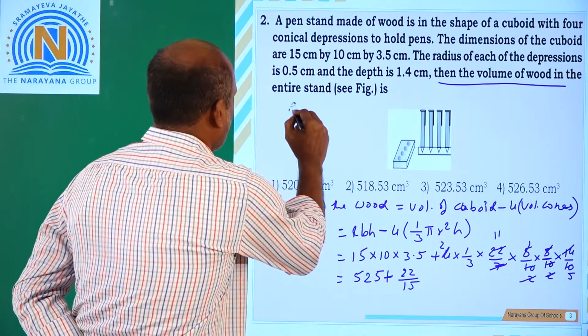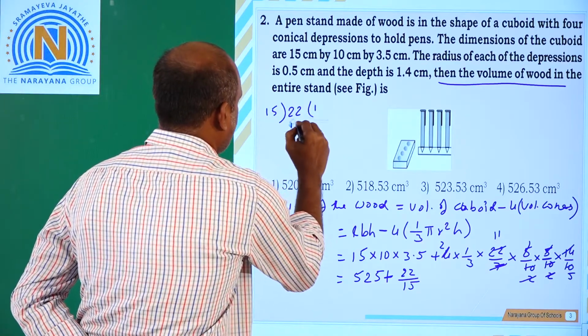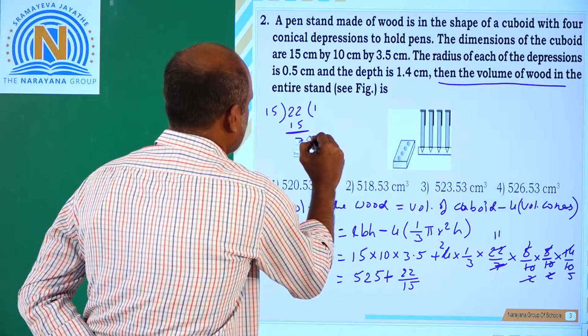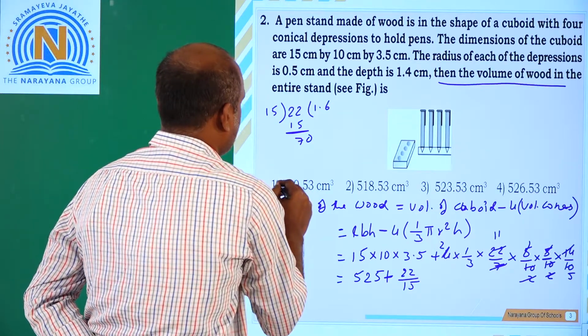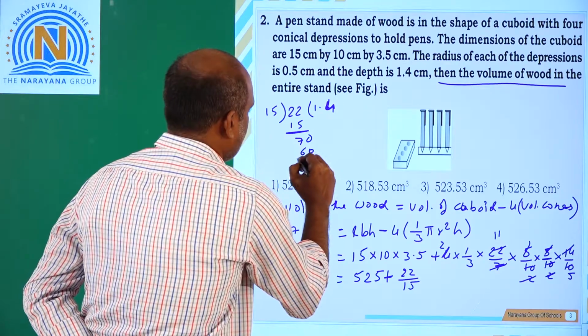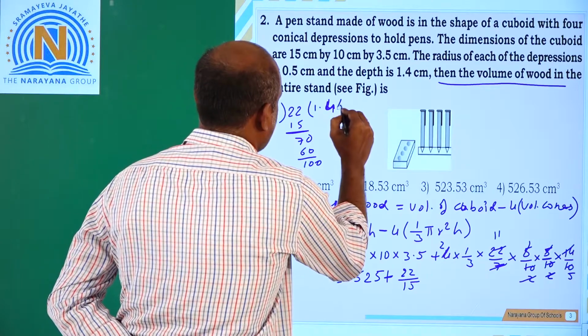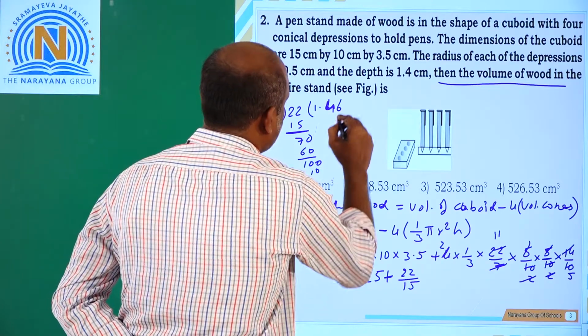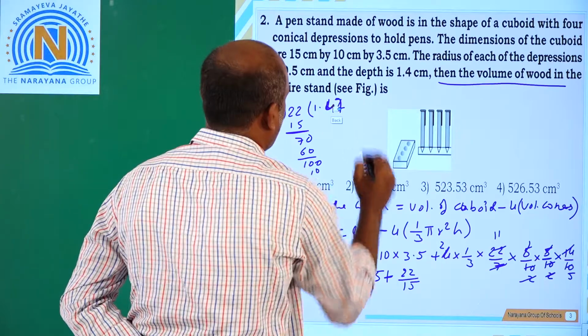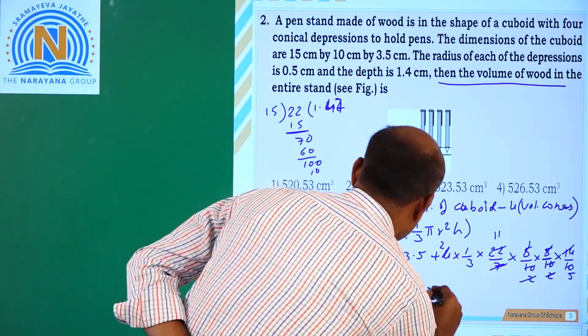Now calculate 22 divided by 15, which is approximately 1.47.